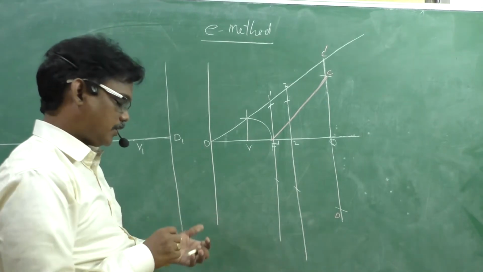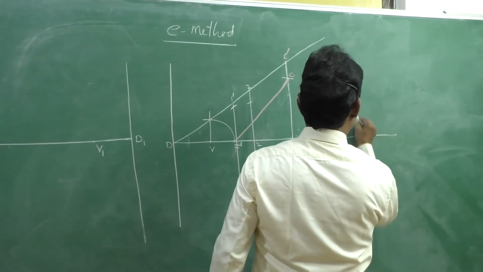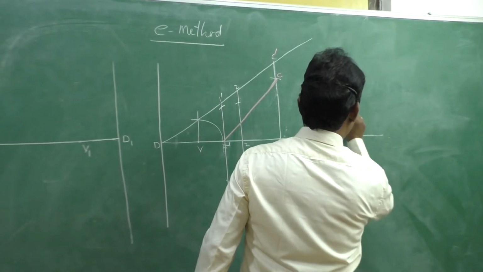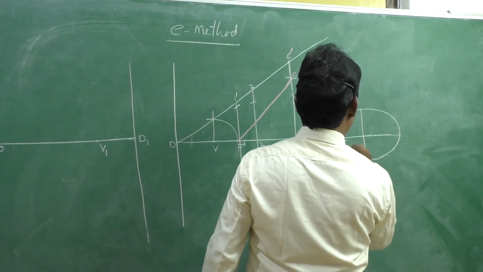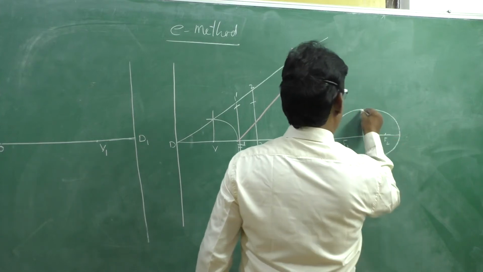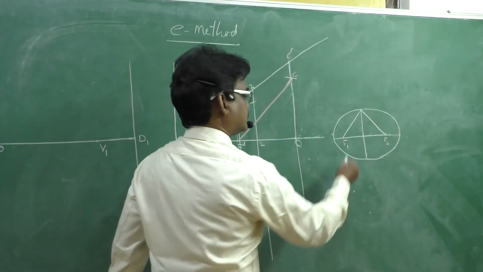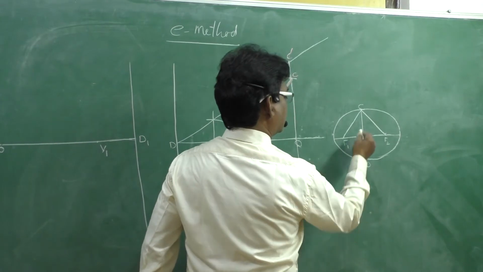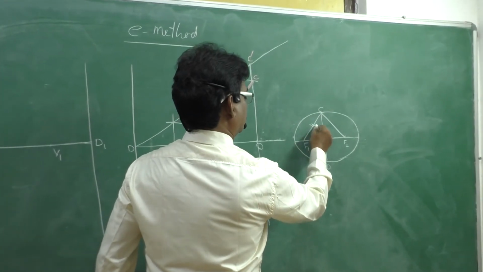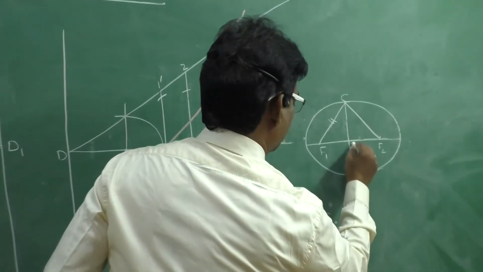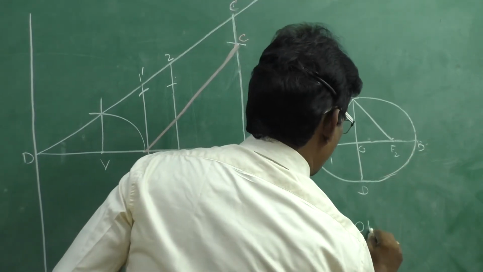Okay. From the property of the ellipse, see, this is the ellipse and this is F1 and this is F2. If you consider C the end point of the minor axis and draw a line, this line length CF1 is equal to the semi-major axis, that is OA.